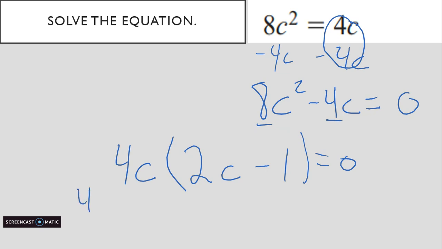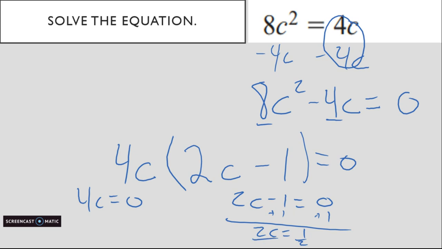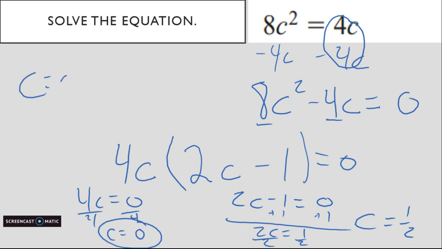So our options are 4c could be 0, or 2c minus 1 could be 0. Add 1 to both sides: 2c equals 1, divide by 2, so c equals 1/2 is an option. Divide by 4 on both sides: c equals 0 is an option. So our options are c equals 0 or c equals 1/2.